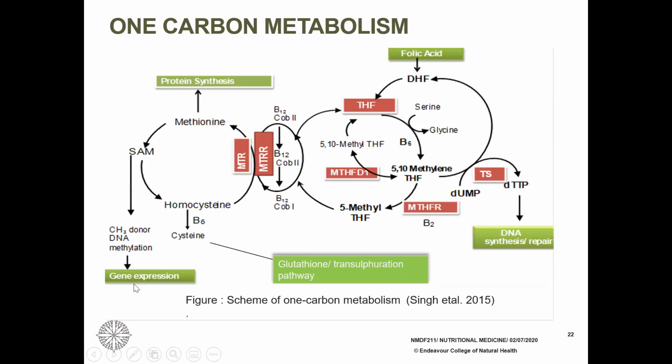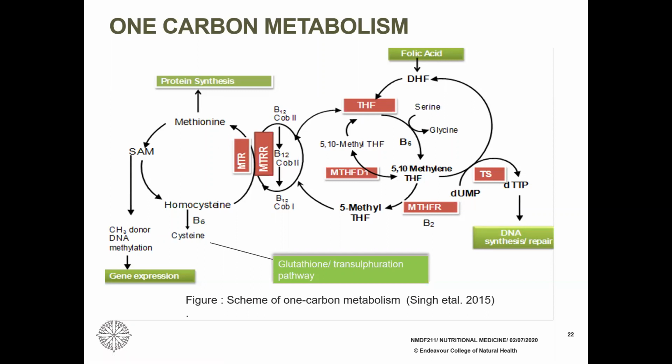That is when we are expressing different genes. So if somebody has an SNP in any of these enzymes, either MTHFR, MTHFD, or MTRR, it's not only just one enzyme, it can be a mutation in different ones, and this pathway can be disturbed.